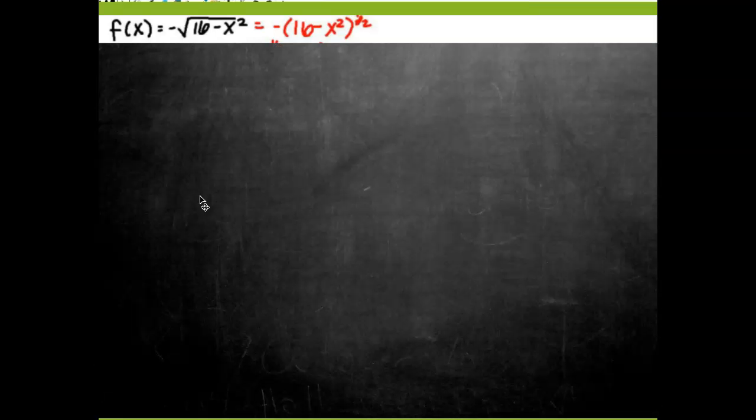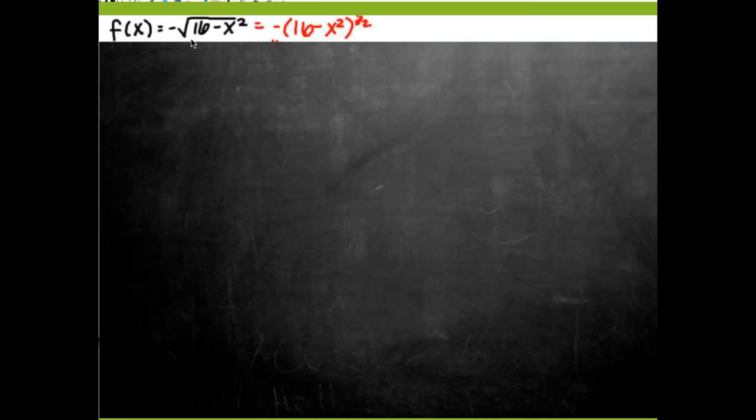So the next example is an example of a square root type problem. So this is actually, if you think about it, the square root of 16 minus x squared. We should know what this is a graph of. What's this going to be a graph of?